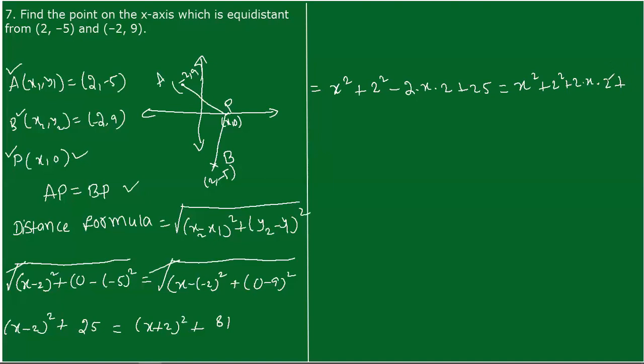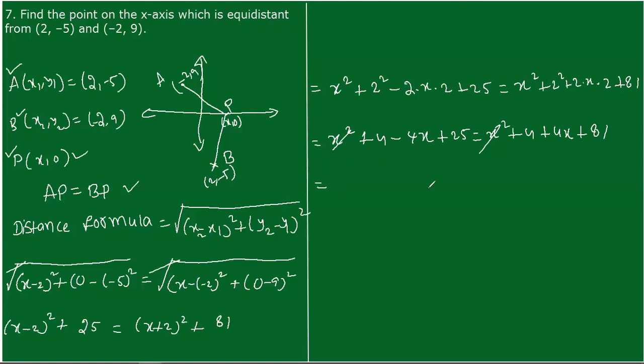So x square plus 4 minus 4x plus 25 is equal to x square plus 4 plus 4x plus 81. Here we can cancel the common terms. You can see x square is the same.